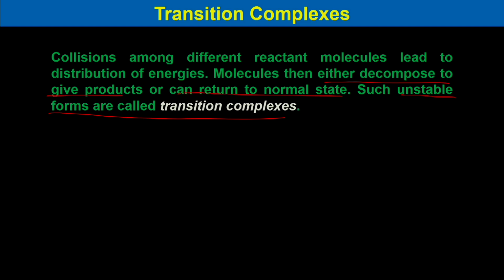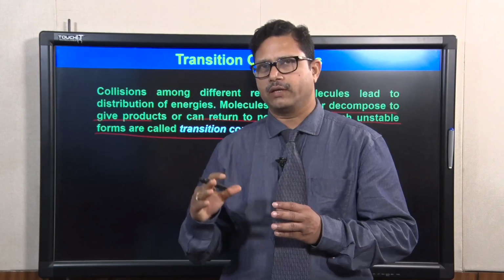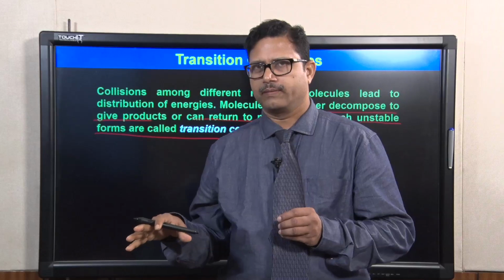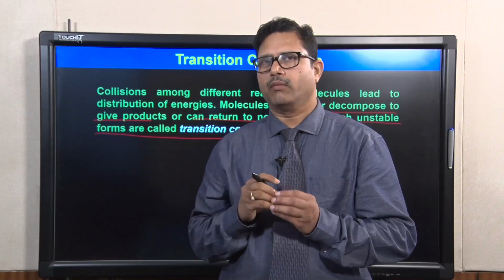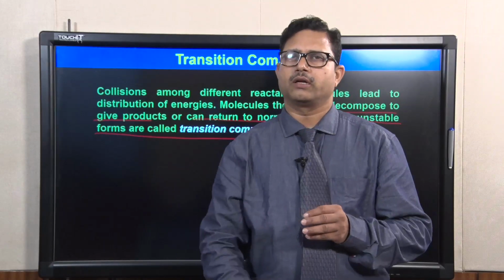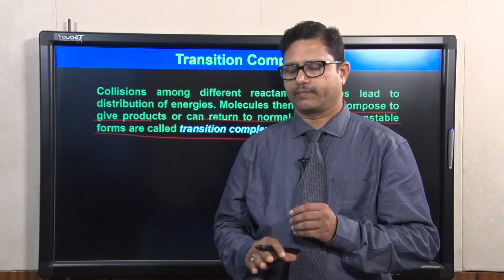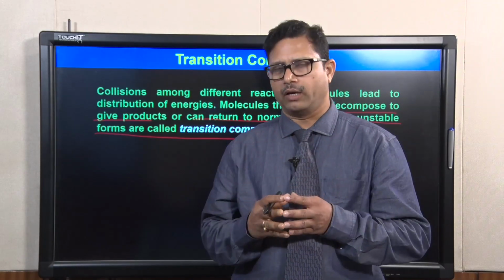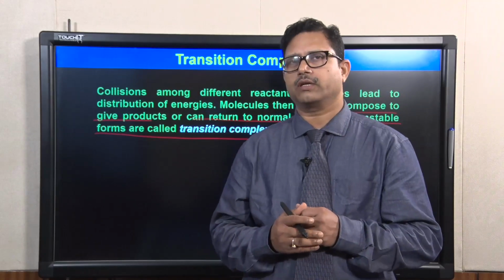Once they collide, they lead to a distribution of energies among the molecules present in the system. Some molecules, because of their energy states, are converted to product, or some molecules due to further collisions come down to the ground state or the normal state. The complex which forms due to the collisions is known as the transition complex.